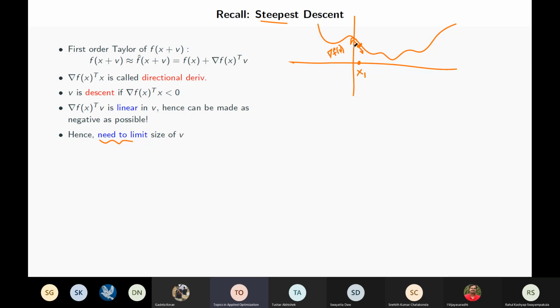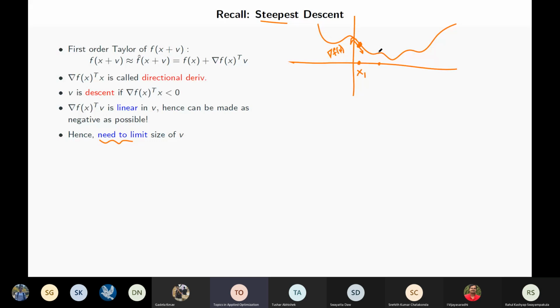But let me focus on a part here. The descent direction according to gradient descent is minus grad f. That we know, right? But the thing is, with this local information, I can be overexcited and say that let me choose v as far as possible because locally it's decreasing, but there is no guarantee that it is decreasing after some point. After that it is increasing here.